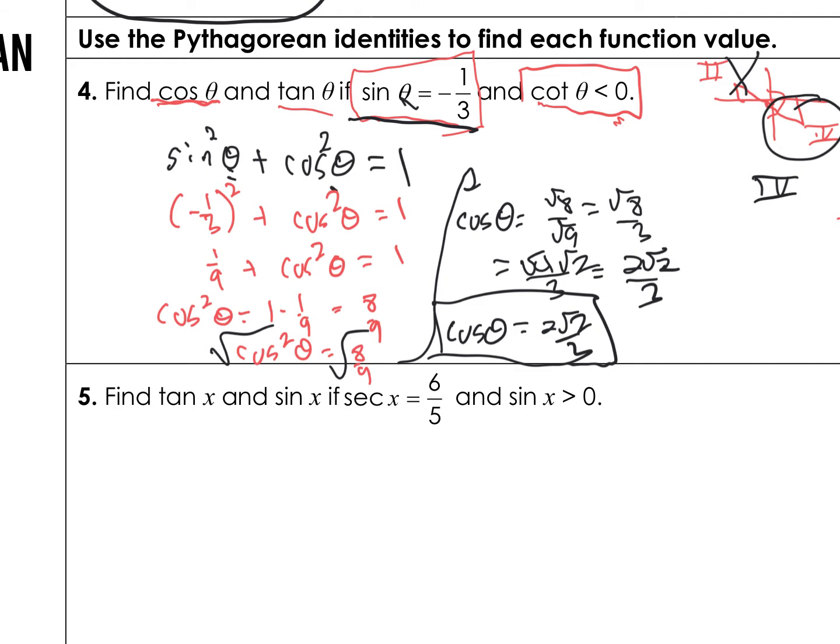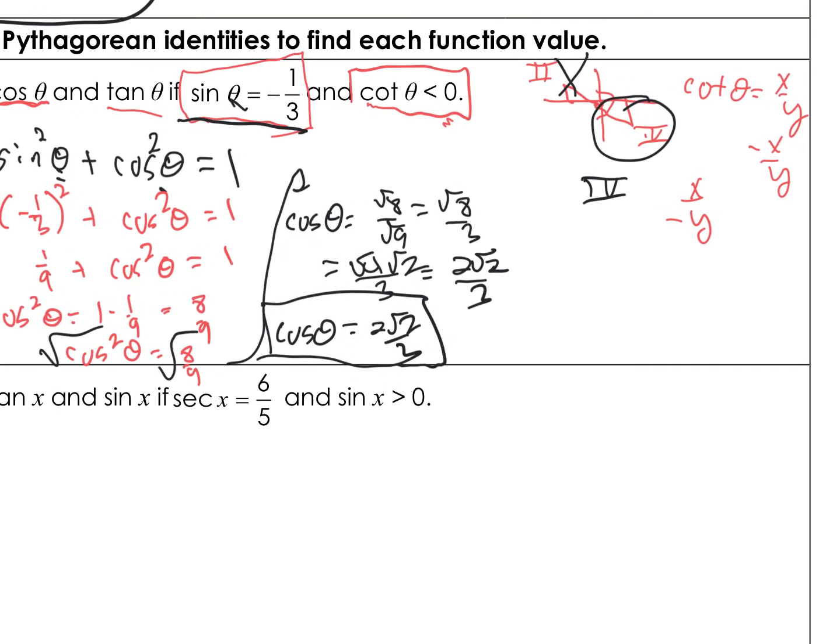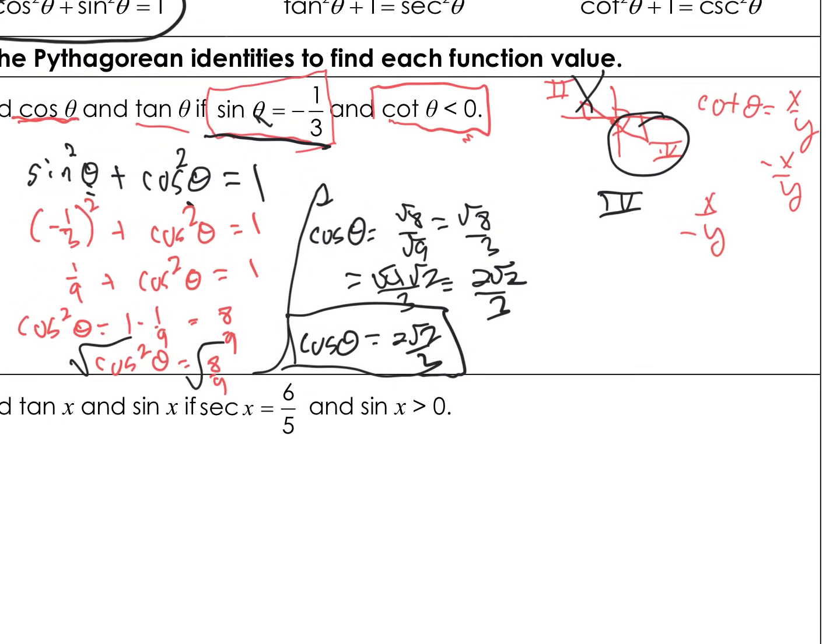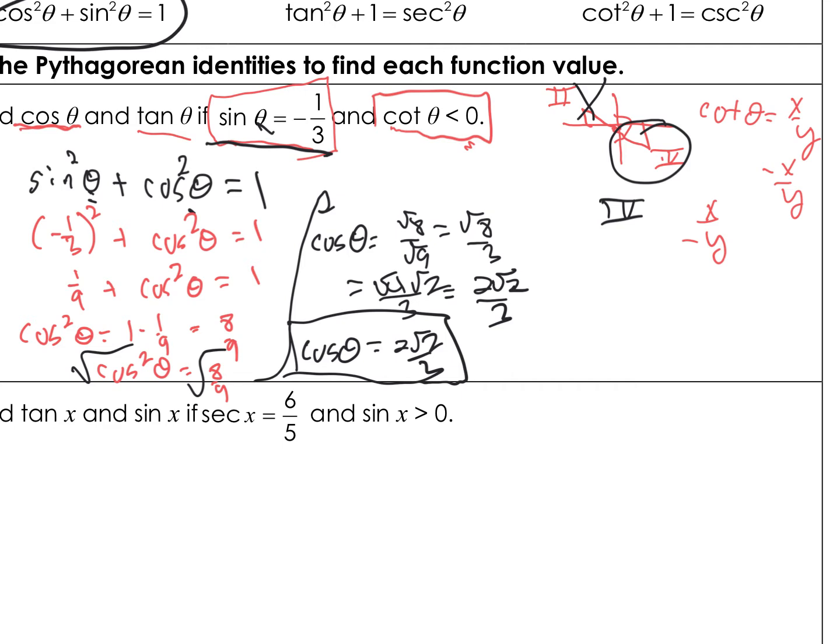Okay. I'm not done yet because I still need to find out what tangent is. So what identity can I use now? Well, he said Pythagorean. I'm going to run out of room here, but I might have to move on. Let's see. Identity, if I'm looking for tangent of theta, let me try this.